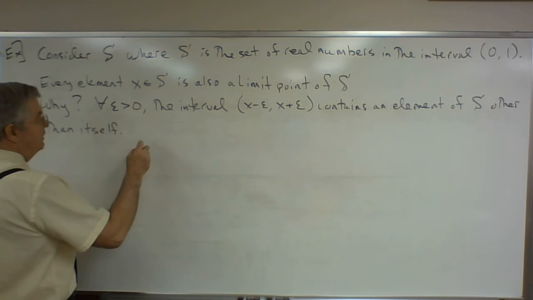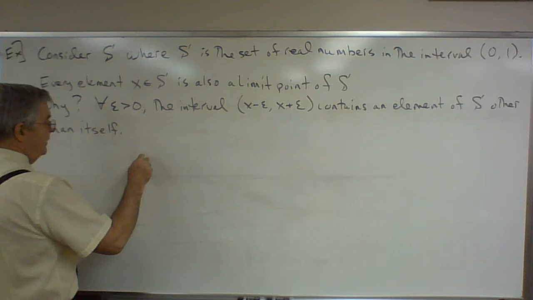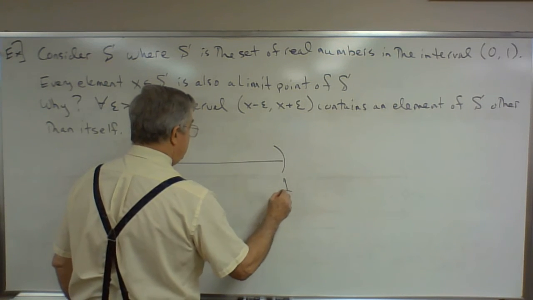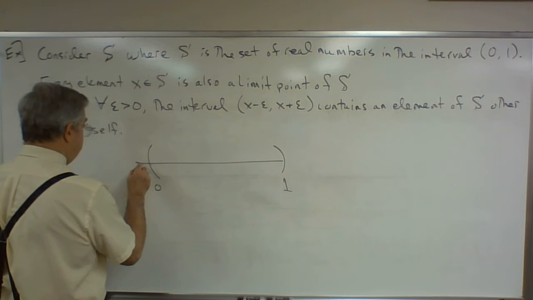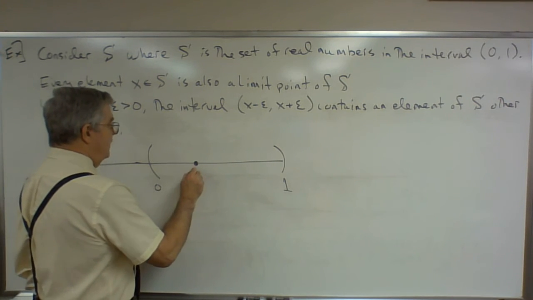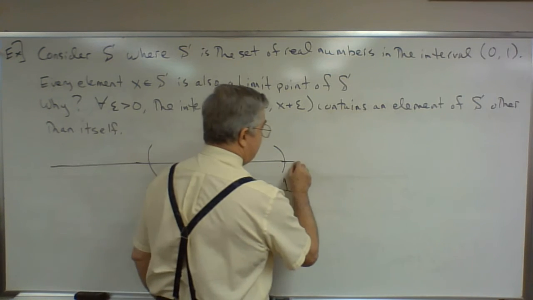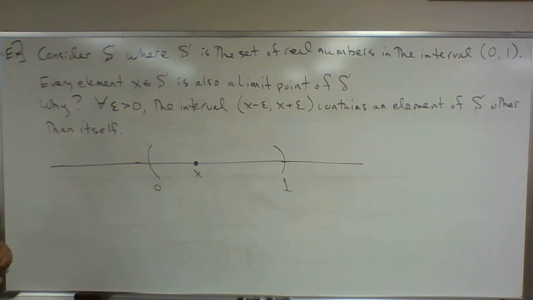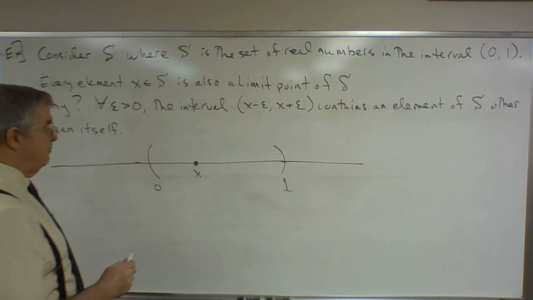And we'll look at epsilon really big. So here's the interval S from 0 to 1. And we'll put x right here. And let's say we have a really big epsilon.